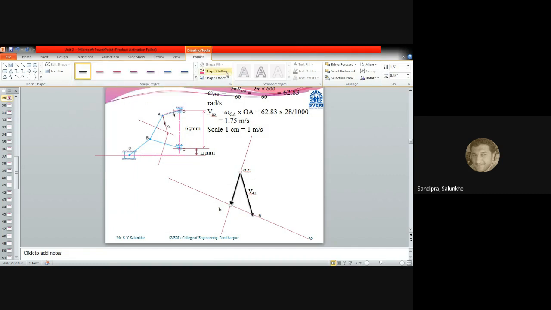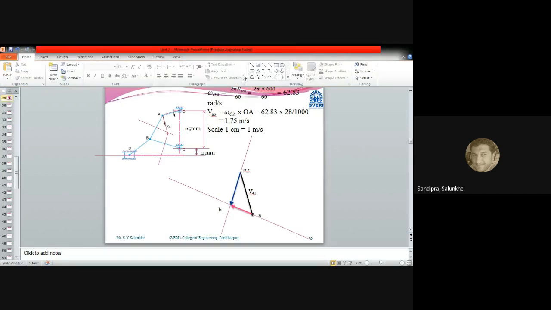And same way, when you are drawing vector from A to B, this vector is indicating velocity of point B with respect to A. So I can name here that this vector is indicating velocity of point B with respect to A. And this vector is indicating velocity of point B with respect to A. मगाचा है तो B with respect to O है.